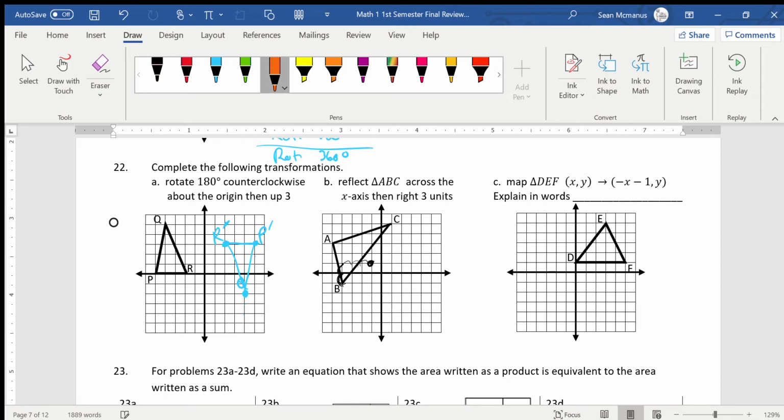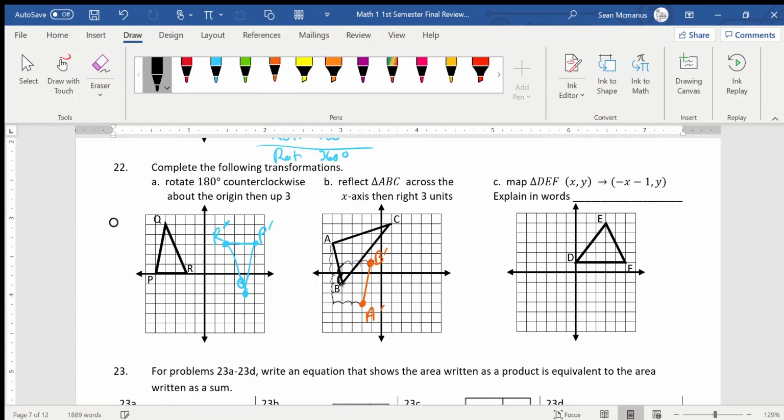Actually, it's a different color. I'm going to put a point right there. All right, and that's B prime. A is going to go 3 units away, so I go 3 on the other side, and then to the right 3. A prime.